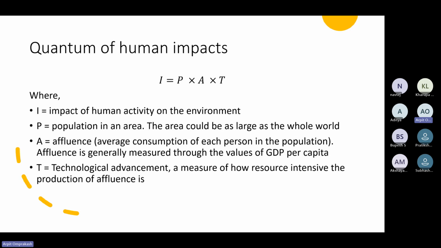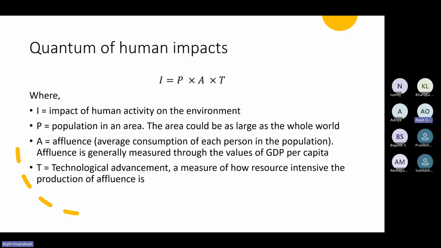If this many resources and manufactured goods are produced, that means this is also what is getting used. So that also equals the average consumption of each person in the population, and that is termed as affluence. Basically, anything that we are consuming, any manufactured good, is adding to the affluence.